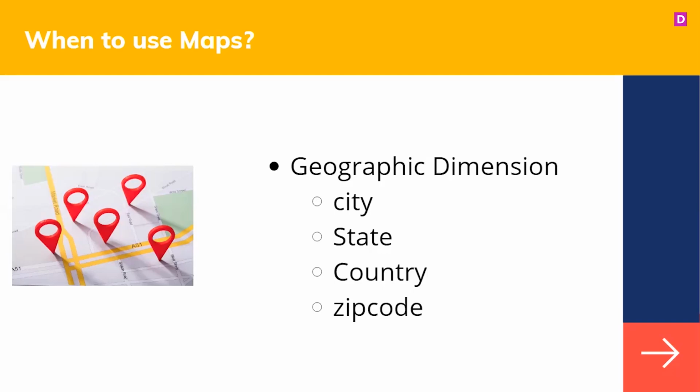If you're able to represent this region-wise data by making use of latitude and longitude values, that's what you call a geographical dimension. Your GPS coordinates are what you call latitude and longitude, right? So most of the time this is the reason you will be making use of maps.